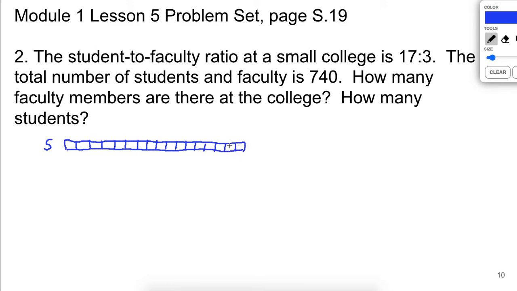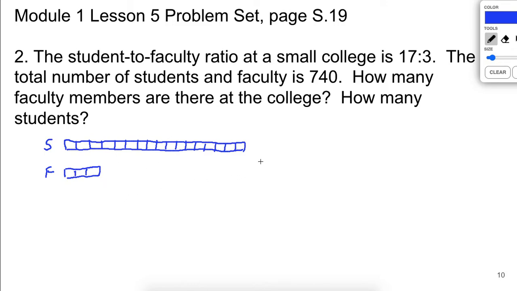And faculty, we'll use an F there, that would be 3. Okay, so that represents our ratio, so 17 to 3.